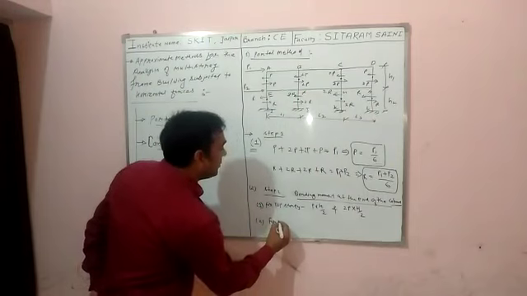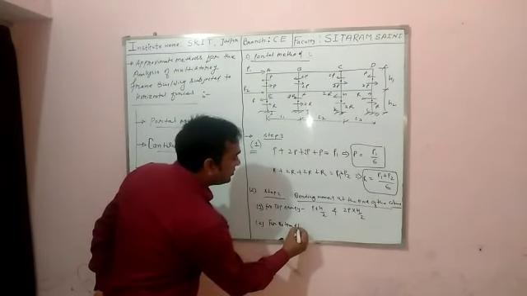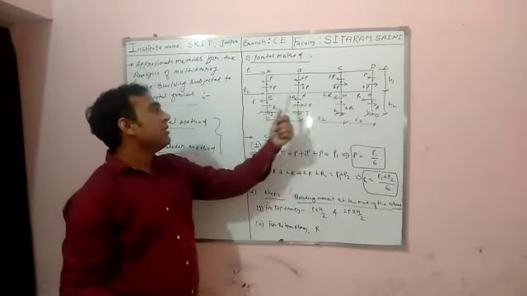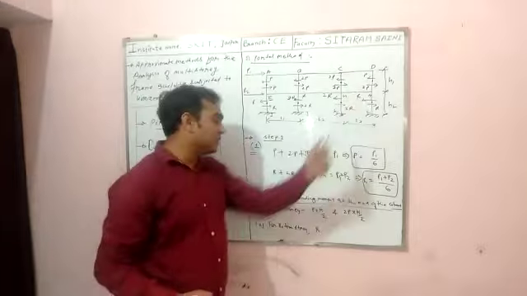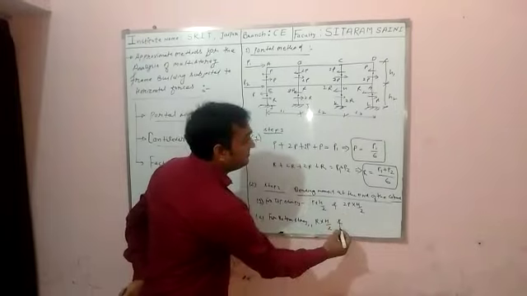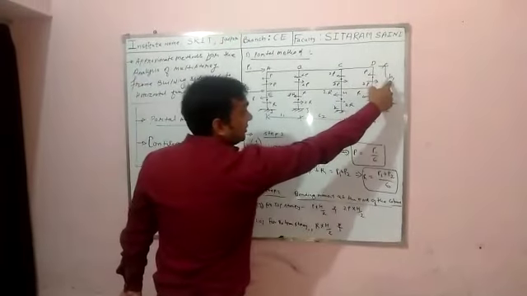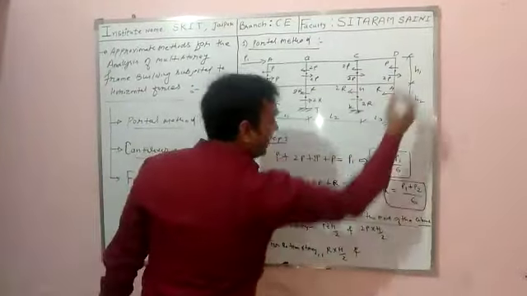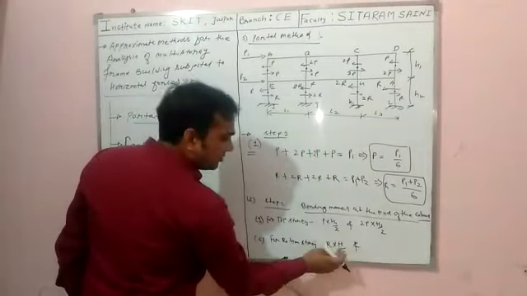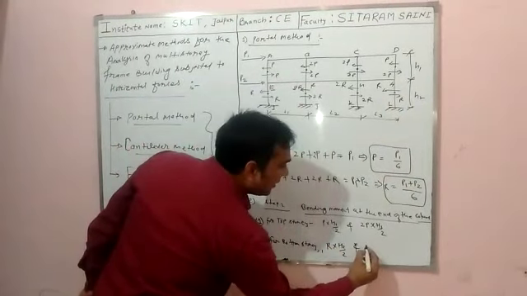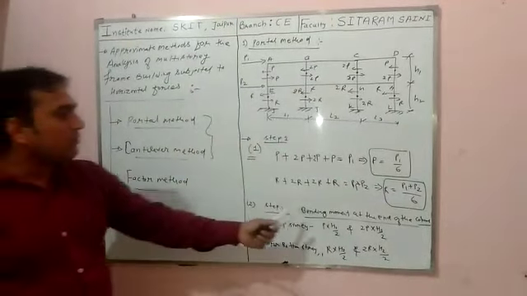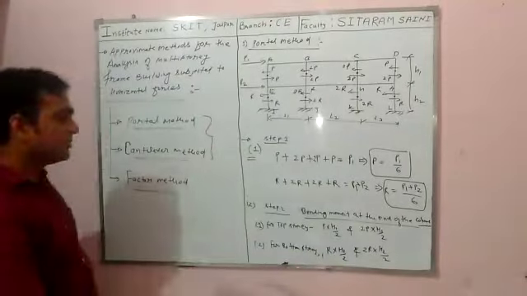For the bottom story, R into h by 2, 2R into h by 2, 2R into h by 2, R into h by 2, where h means h1 for the top story and h2 for the bottom story, that is R into h2 by 2 and 2R into h2 by 2. In such a way, we calculate the bending moment at the end of the columns.